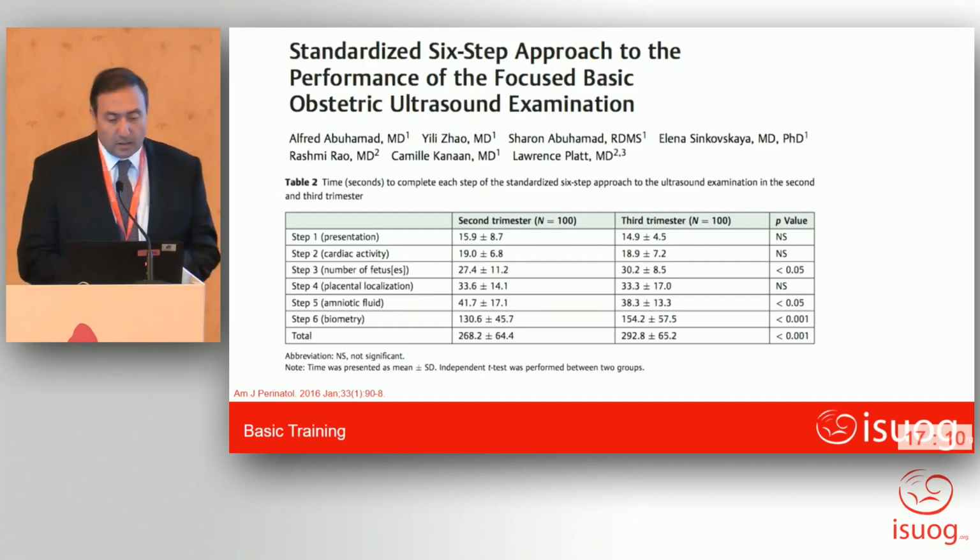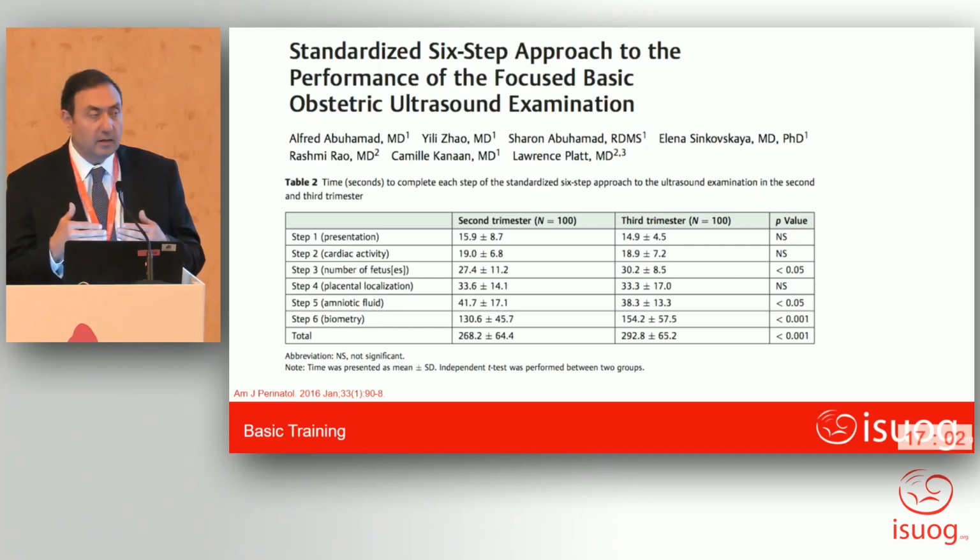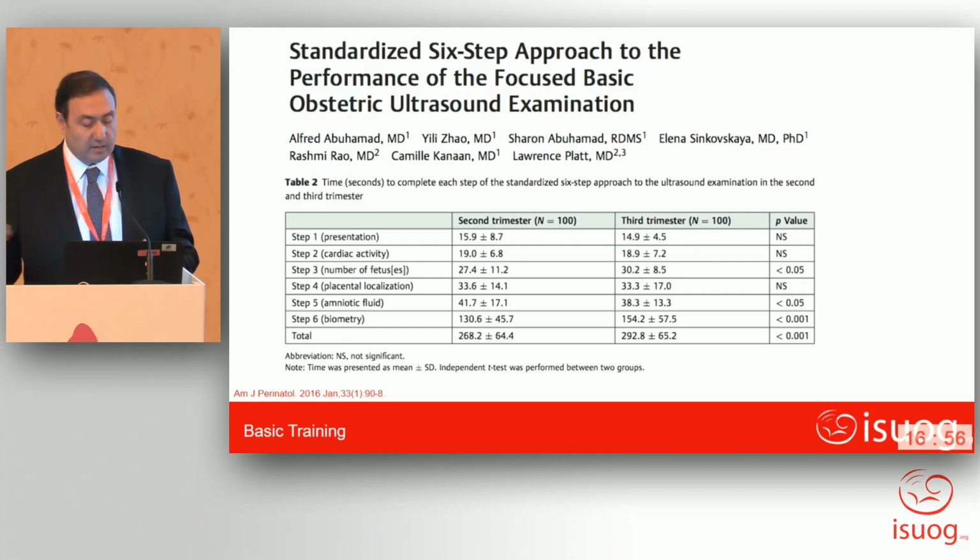So we did a study to evaluate whether the 6-step approach can find these 6 planes accurately, and compared it to a comprehensive ultrasound exam, and we found that it did very well. And we found that with some experience, you can perform those very easily and quickly after some training.